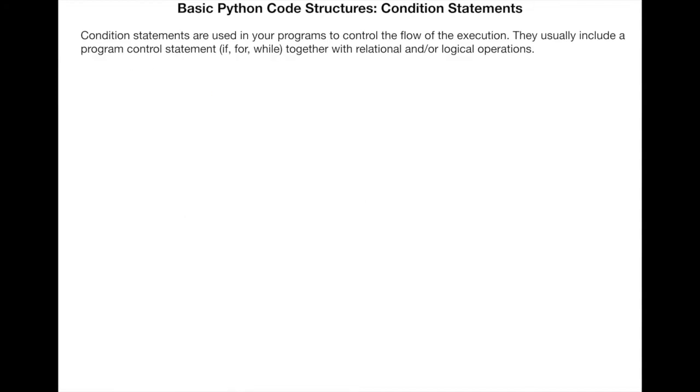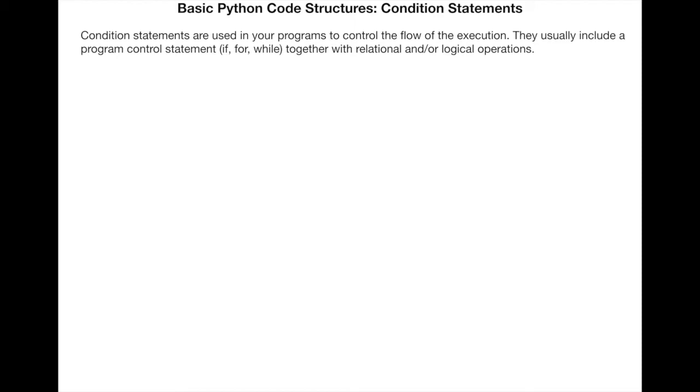Next, let's take a look at a basic Python code structure, which is called condition statements. Condition statements are very important, and they're used in your programs to control the flow of the execution, which basically decides how your code is going to go. They usually include a program control statement, and as you will find out, there will be if, for, and while loops, together with relational and logical operations.